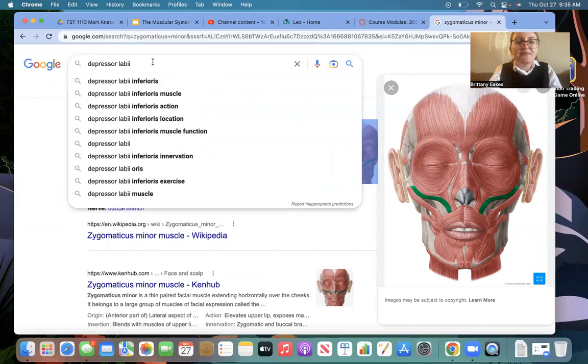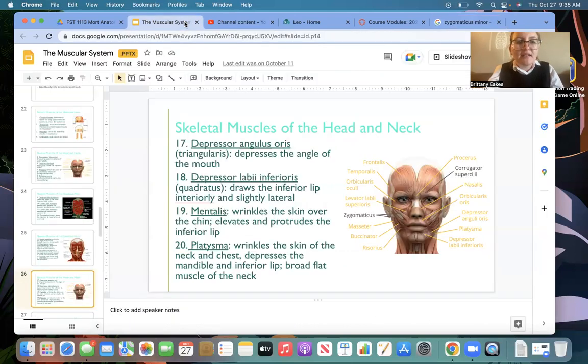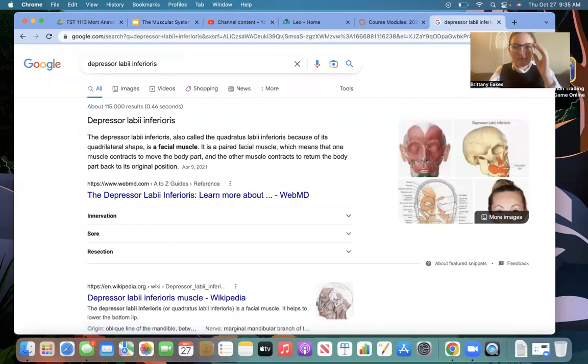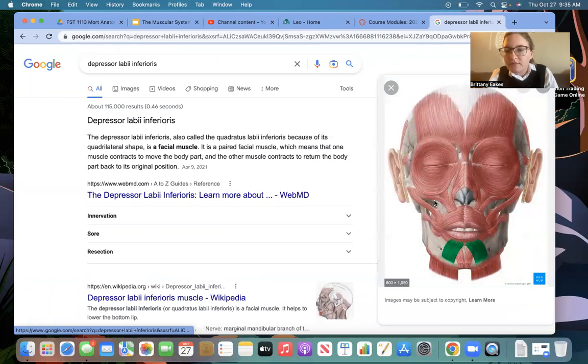Dang it. Wait for this thing to go back up. There we go. Labii inferioris. And it was also called the quadratus because it's in a quadrilateral shape.